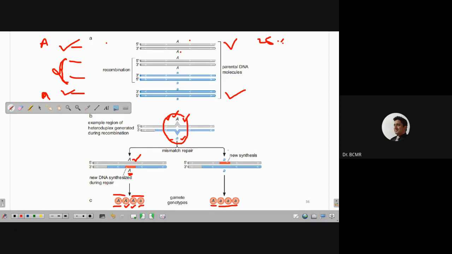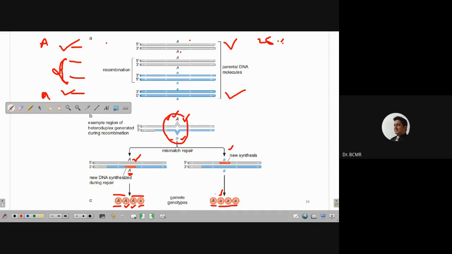Okay, if the capital A on the top strand is removed and the small a information is copied, then it becomes the information of small a. That is gene conversion. Okay, it's just a name. Don't get carried away thinking that a gene is present in a cell and is getting changed. That's not how it is.